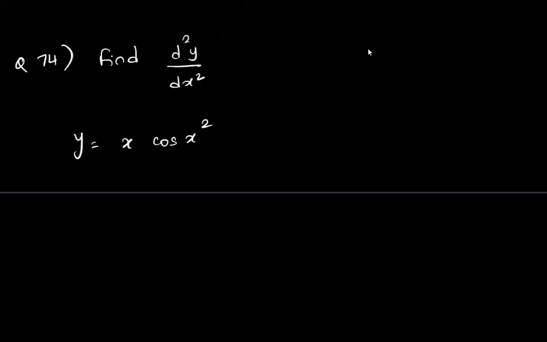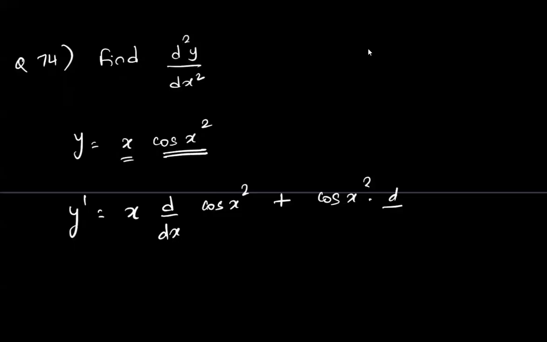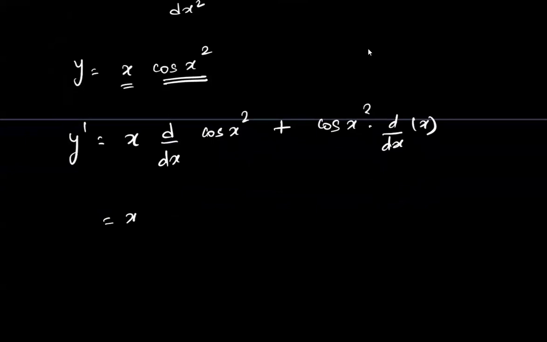Okay, now they want the second order derivative here. So let's do the first order first. You have a product, right? A product of this and this. So let's do the product rule. Keep the first term as is and take the derivative of the second term. I'm just splitting it up for you so you can see. Plus, keep the second term as is and take the derivative of the first term. Now, in the second term, I need to do the chain rule.